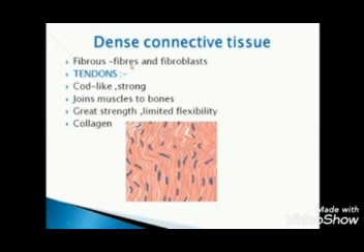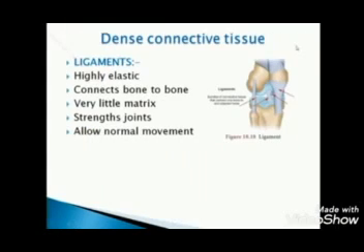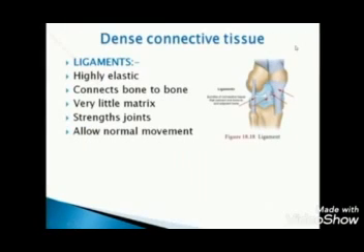They consist of parallel bundles of collagen fibers between which are present rows of fibroblasts. Now the next one is the ligaments. They are highly elastic structures and have great strength, which connect bones to bones. They contain very little matrix. They strengthen the joints and allow normal movement.